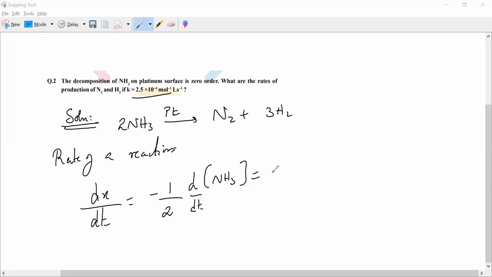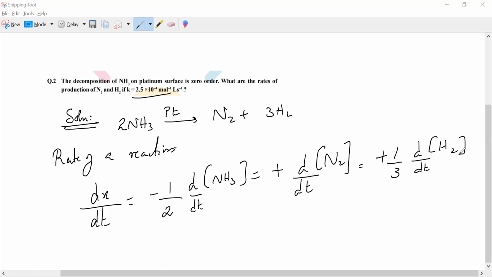Nitrogen and hydrogen are the products, so it is positive: equal to d by dt of N2, equal to plus 1 by 3 d by dt of the concentration of H2.